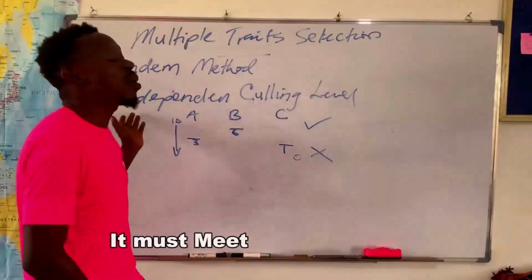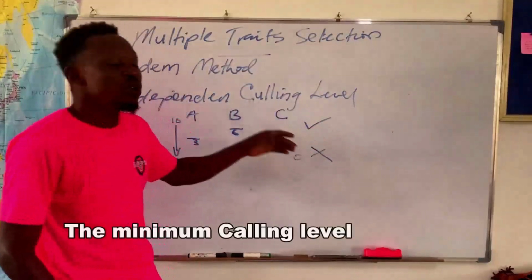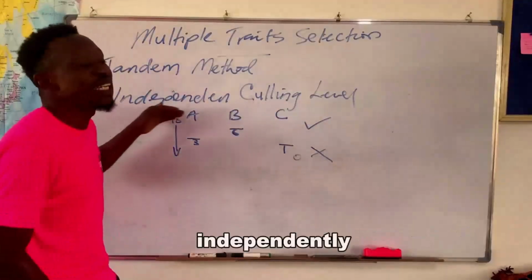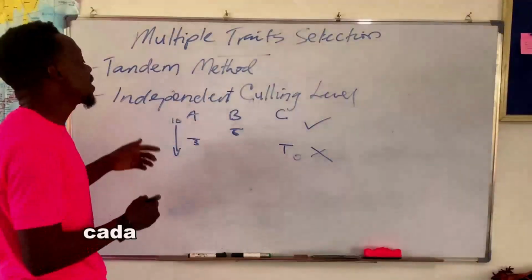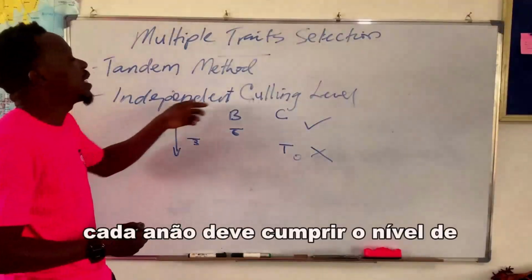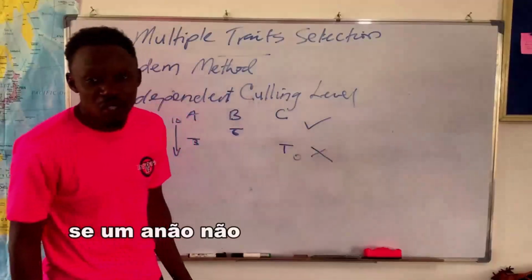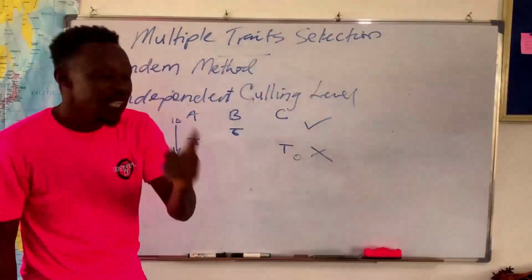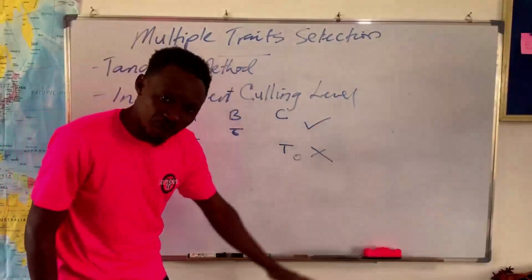It must meet the minimum culling level for each of the traits independently. That is why it is called independent. So each animal must meet the independent culling level for each trait to be selected. If an animal does not meet it for just one trait, that animal will be discarded. That animal will not be selected.